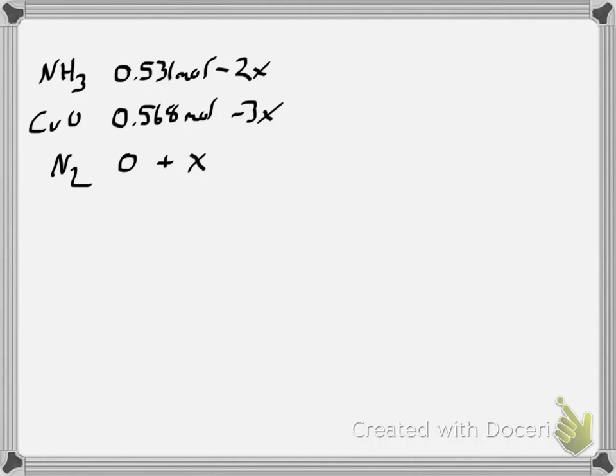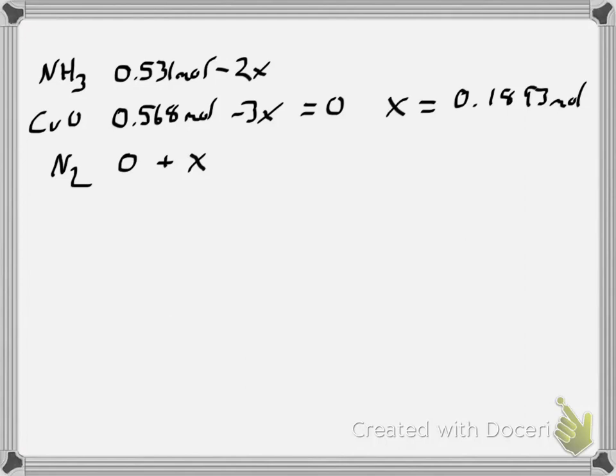Now, since copper(II) oxide is our limiting reactant, we set that equal to 0. Using that equation, you can solve for x, and you find that x is equal to 0.1893 mole.